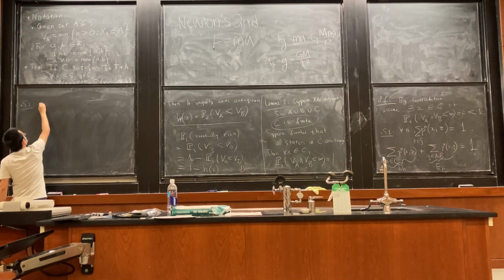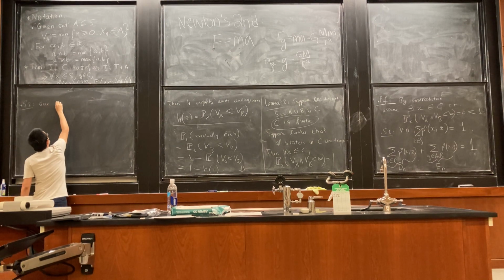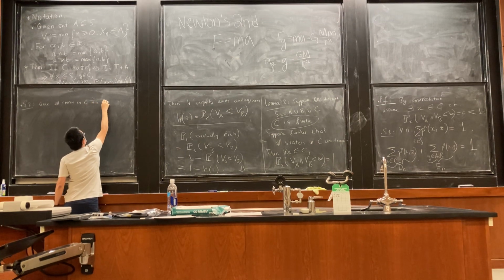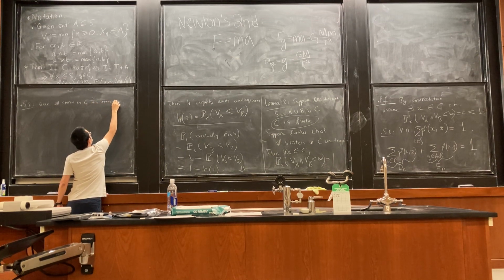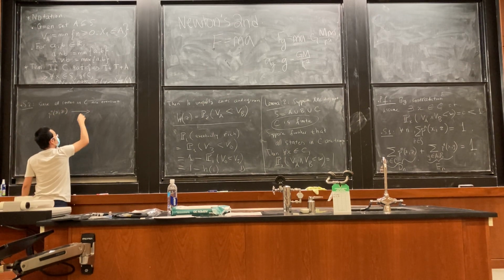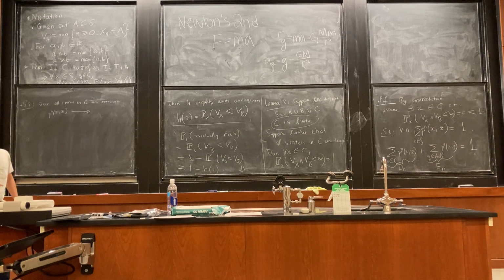I'm going to invoke the assumption now: since states in C are transient, p_n(x,z) converges to 0. What is this limit? 0.